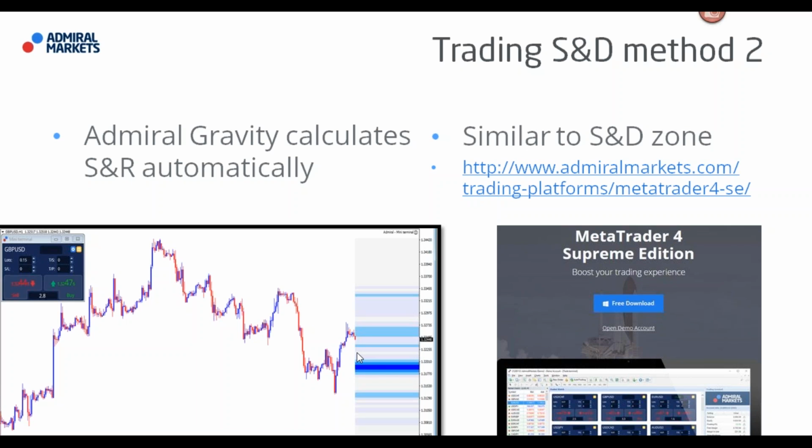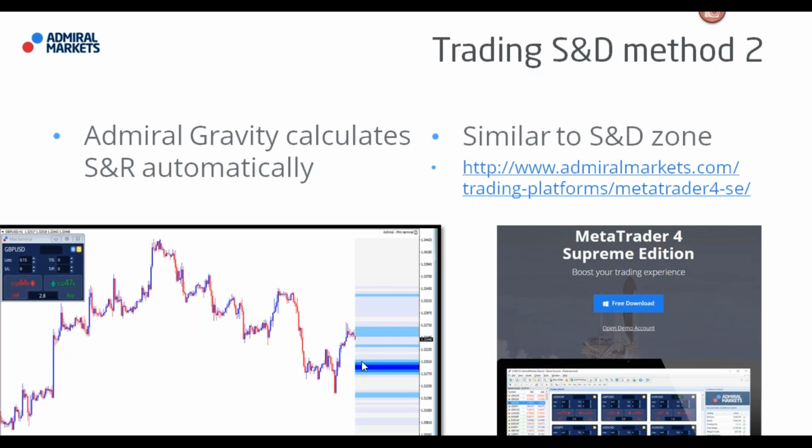So darker blue indicates more robust movement, more expected activity, whereas with light gray, price is expected to move through that area with more impulse. There's less standing in the way.